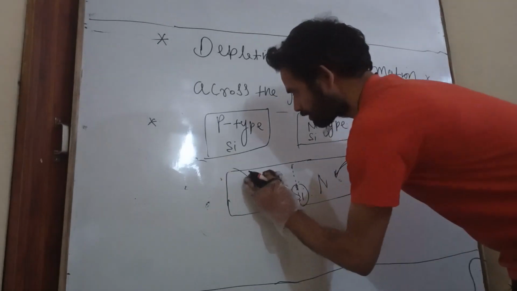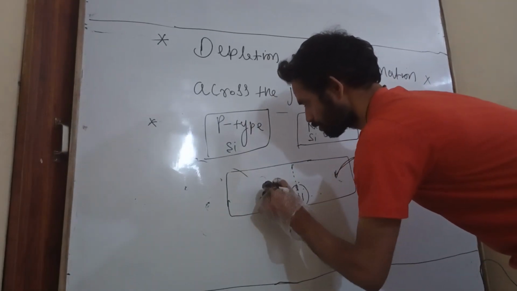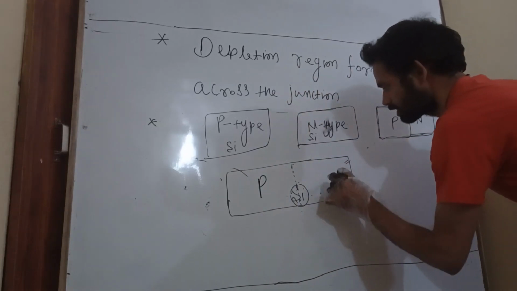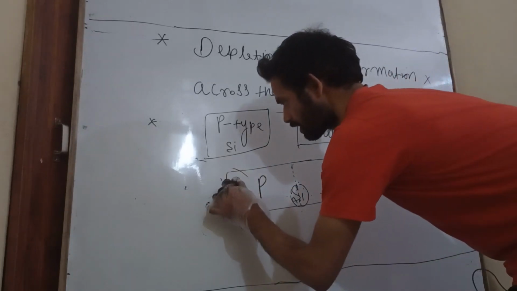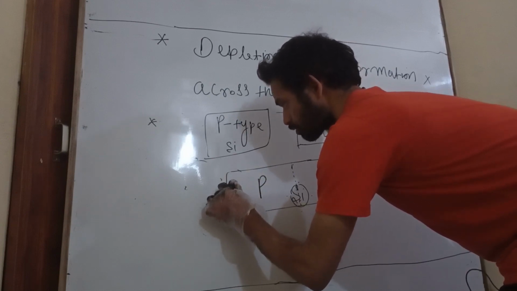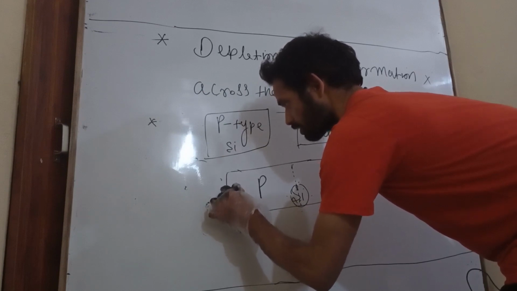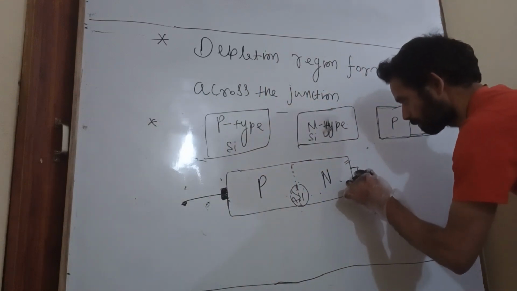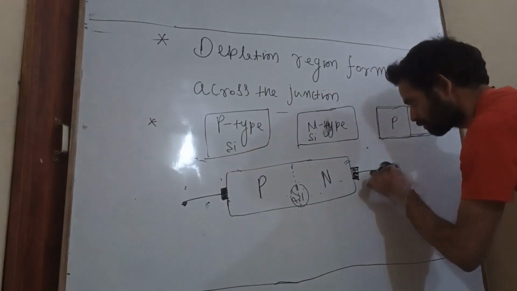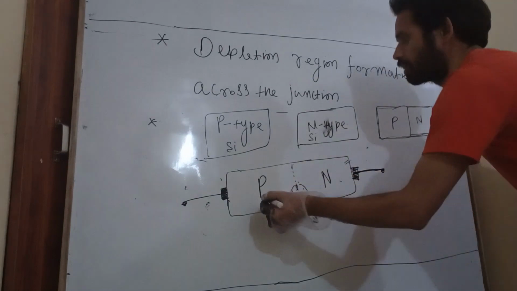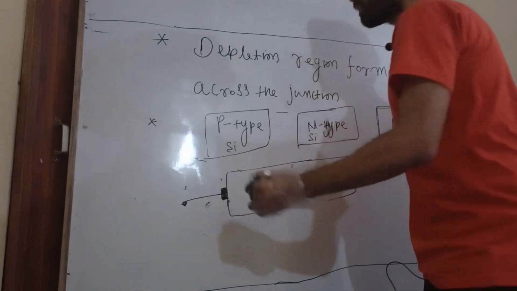Then, to make the PN junction diode, this is my P region and this is my N region, and we connect the P region and N region through wire, through metal contacts.